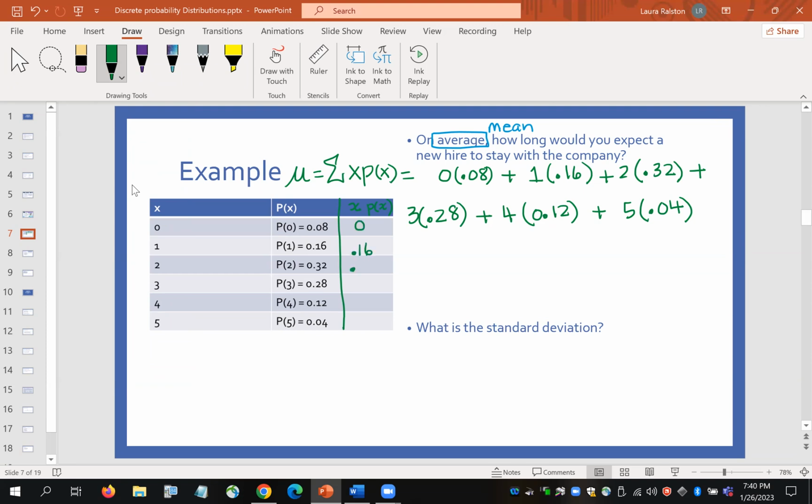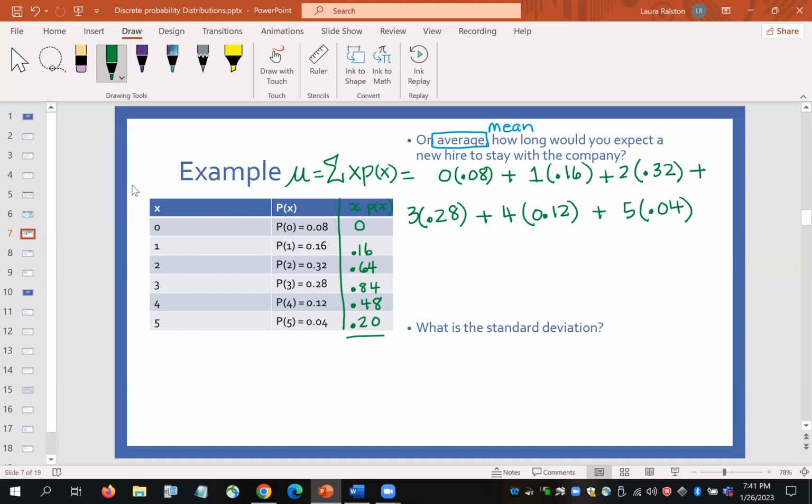Okay, so I would have 0, 0.16, 0.64, let's see, what's 3 times 0.28, 0.84, 4 times 0.12 is 0.48, and 5 times 0.04 is 0.2. So I take each X, multiply it times the probability, get the answer.